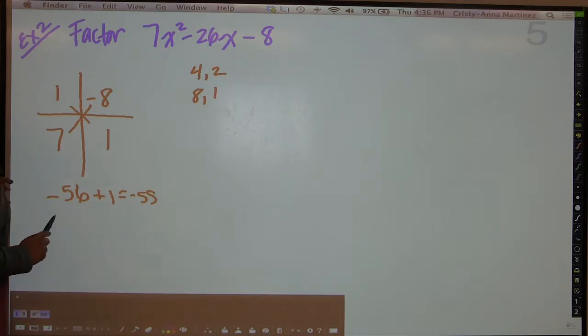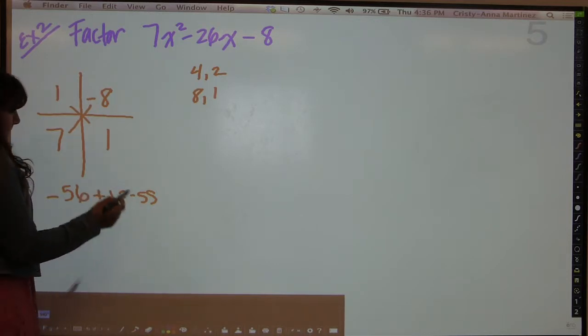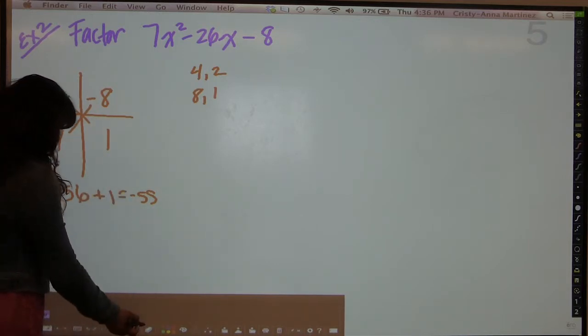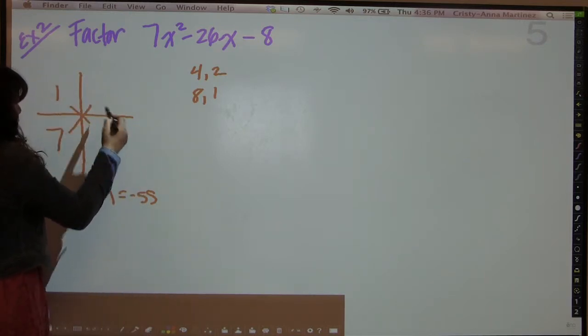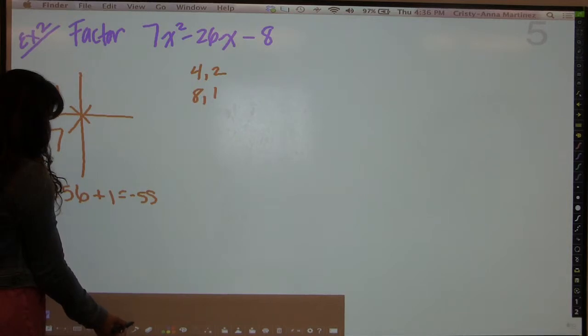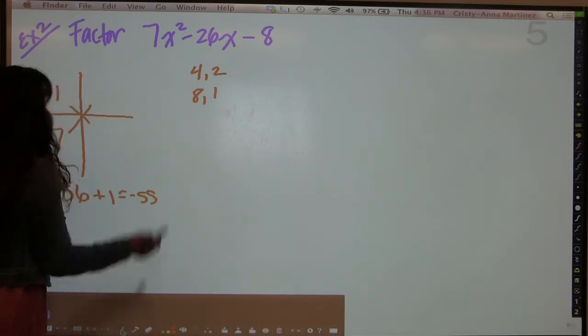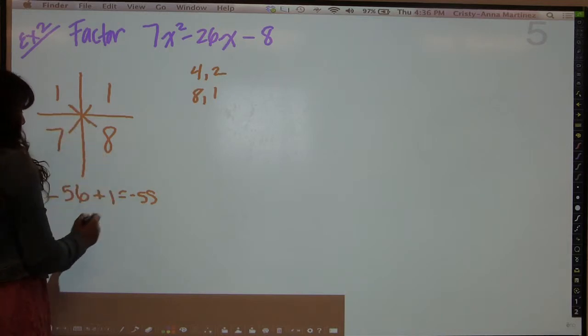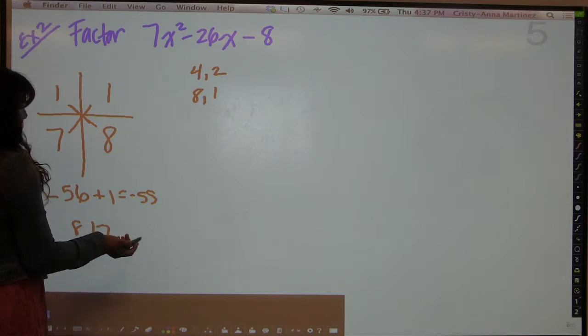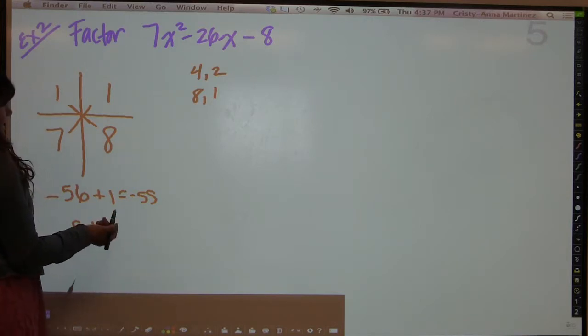So now I'm going to try, again, you can reverse the numbers. I'm going to go ahead and use my eraser here. What if I reverse them and put 1 and 8 instead? Then we're going to get 1 times 8 is 8, and 1 times 7 is 7. One of them has to be negative, but either way you're not going to get negative 26.